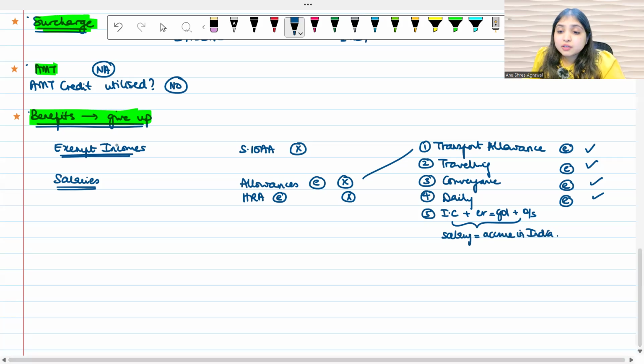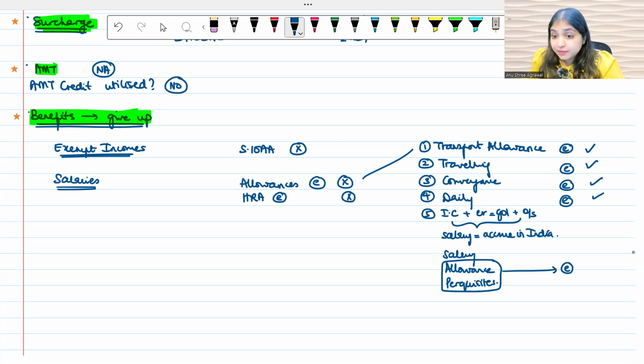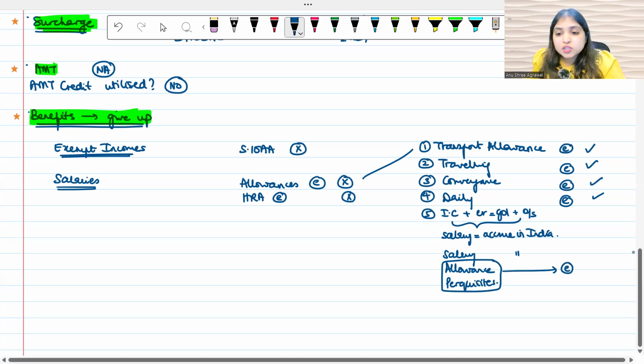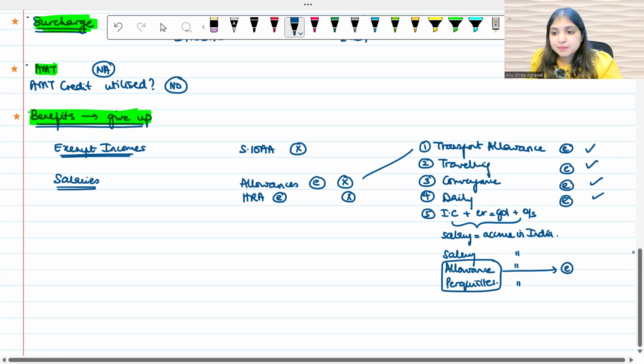Whatever salary, allowances, perquisites he earns, everything is deemed to accrue or arise in India only. However, the allowances and perquisites are going to be exempt. The salary will accrue in India, the allowances also, the perquisites also, but allowances and perquisites will be exempt. This exemption also you can continue to enjoy.